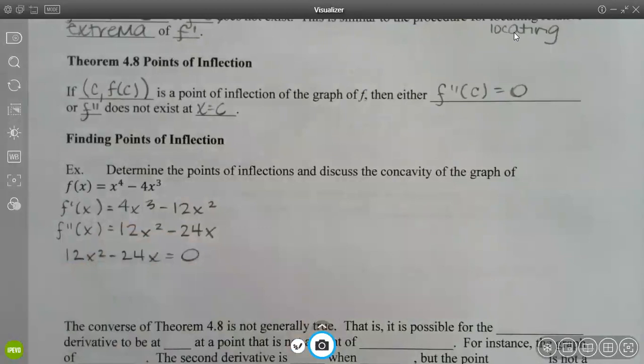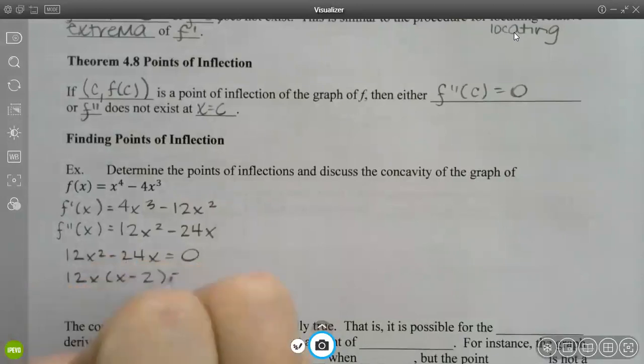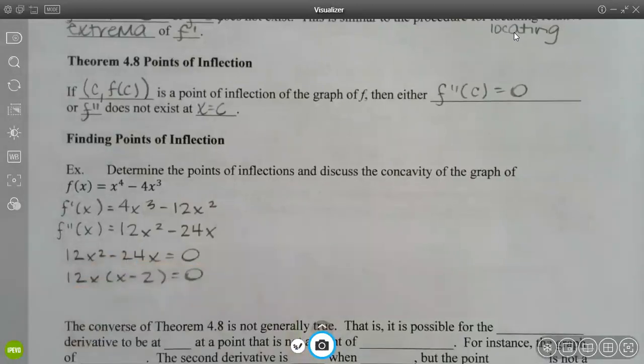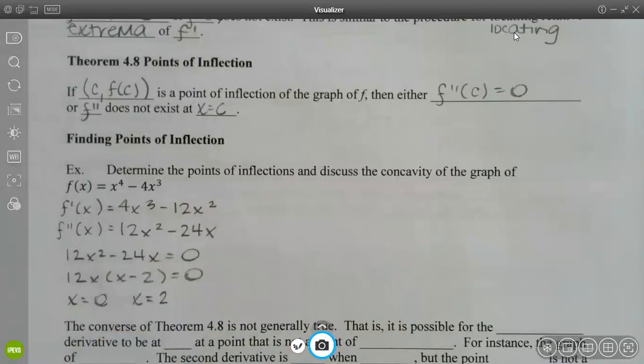How do I solve this? The 12x gives you that x is 0. X minus 2 gives you that x is 2. We don't have any denominators, so we don't have any points where it doesn't exist. Does it give you an interval to look at? Nope. So what are our intervals?